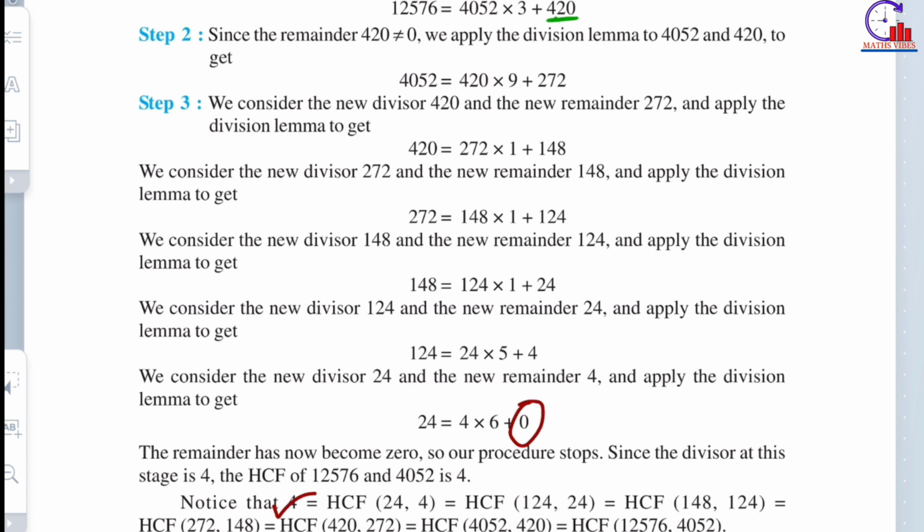That means the HCF of 24 and 4 is 4 itself, right? But the HCF of other numbers like 24 and 124, 124 and 148, 148 and 272, similarly other numbers, the HCF is 4 itself, right?